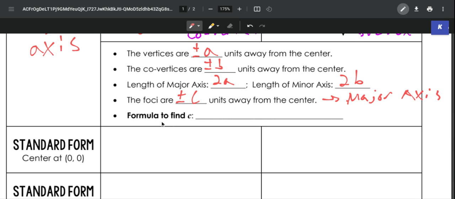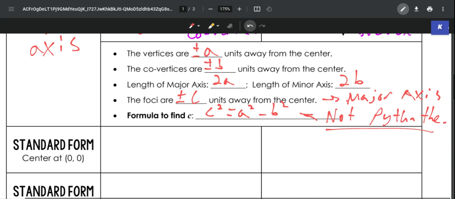All right, then the formula to find C is going to be very similar to the Pythagorean theorem, except it is C squared is equal to A squared minus B squared. So it's not plus, it's minus. So that is not the Pythagorean theorem.